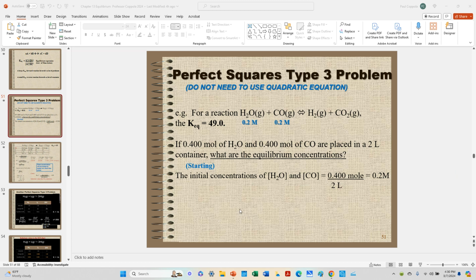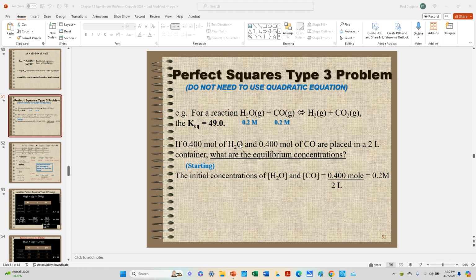Okay, now we go to slide 51, and we're going back to type 3 problems again, but this time it's called a perfect squares problem, and you don't have to use a quadratic equation. So I gave this example. You're given the KEQ, you're given the initial concentrations, 0.2 and 0.2.